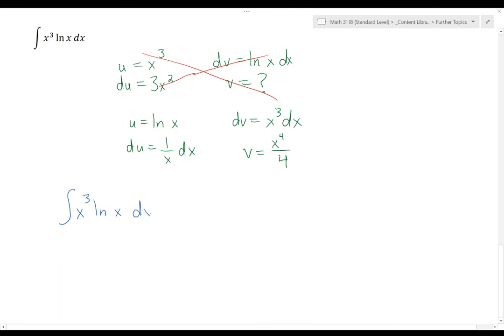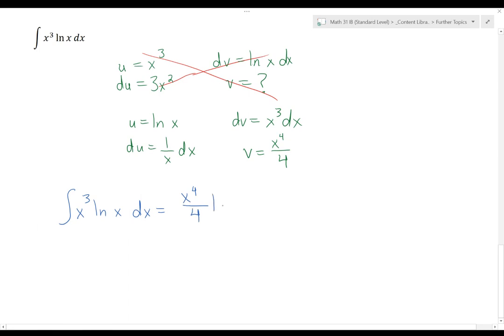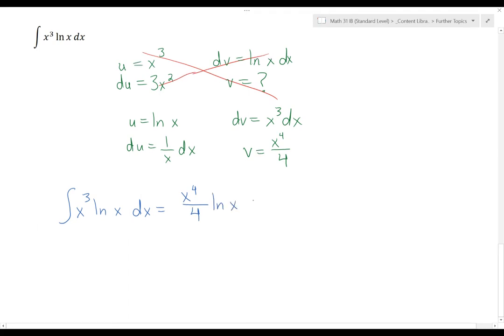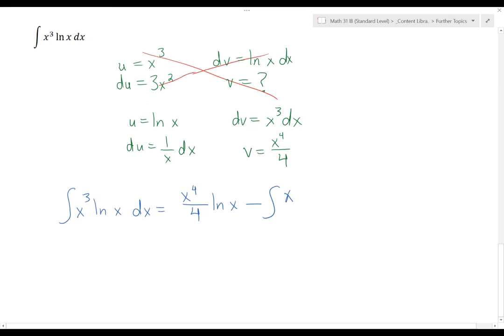dx equals, well, uv, so x to the power of 4 over 4 times the ln of x, minus the integral now of, well, v times du is x to the power of 4 over 4 times x is going to give me x cubed over 4 now.